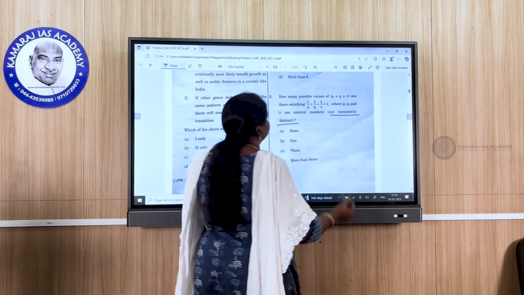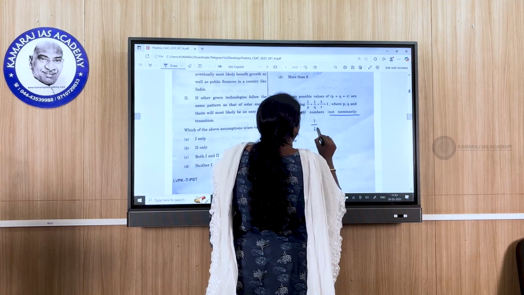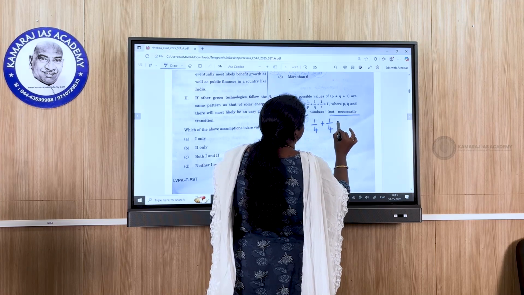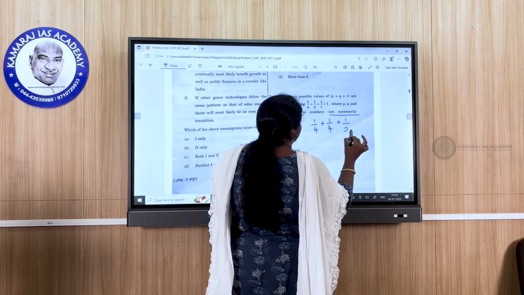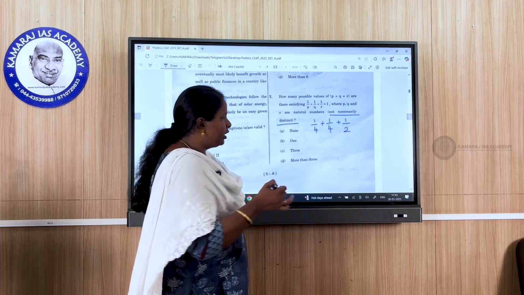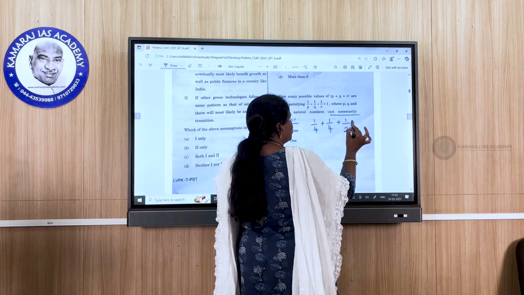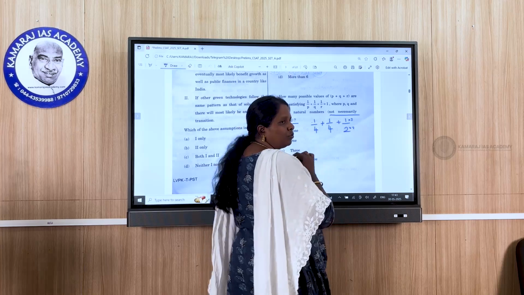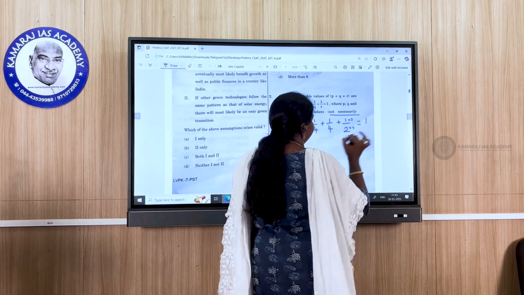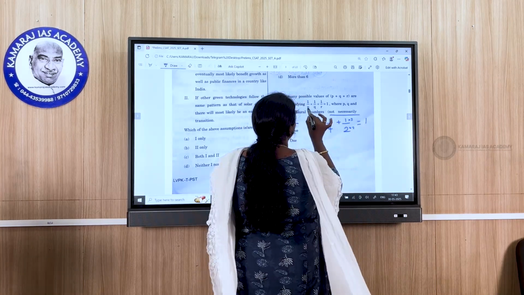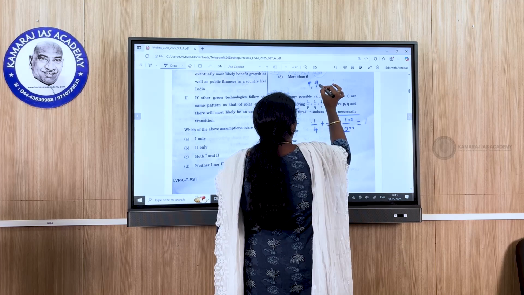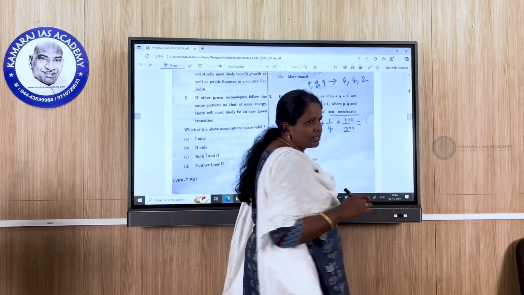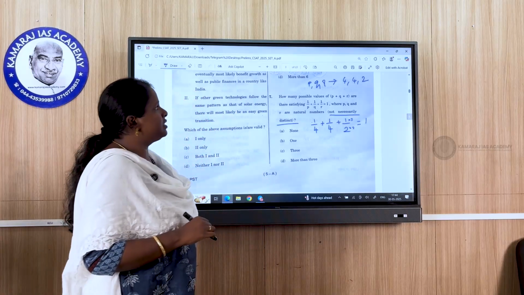So if I use 1 by 4 plus 1 by 4 plus 1 by 2, here the LCM will be 4. So 1 plus 1 plus 2, 4 by 4, my answer is 1. So P, Q, R can be 4, 4, 2. One possibility is there.